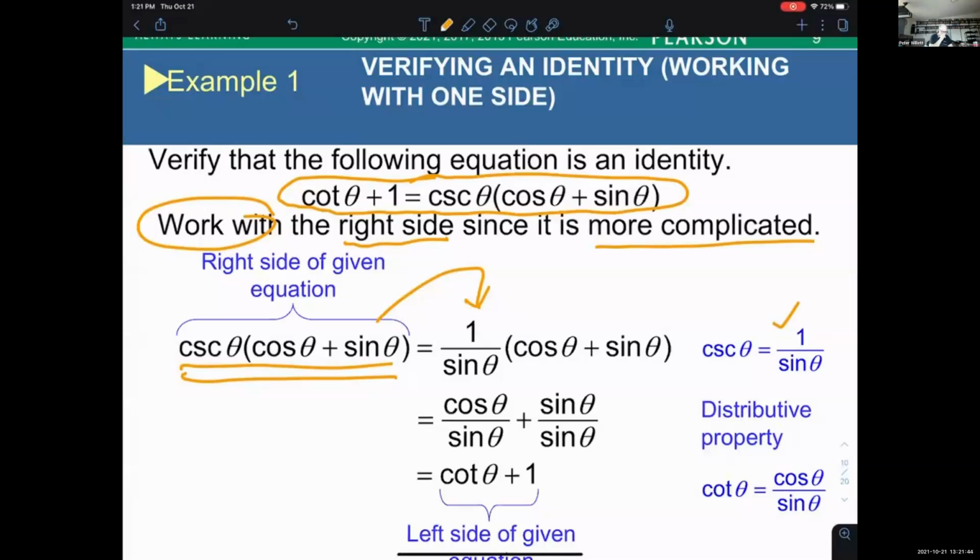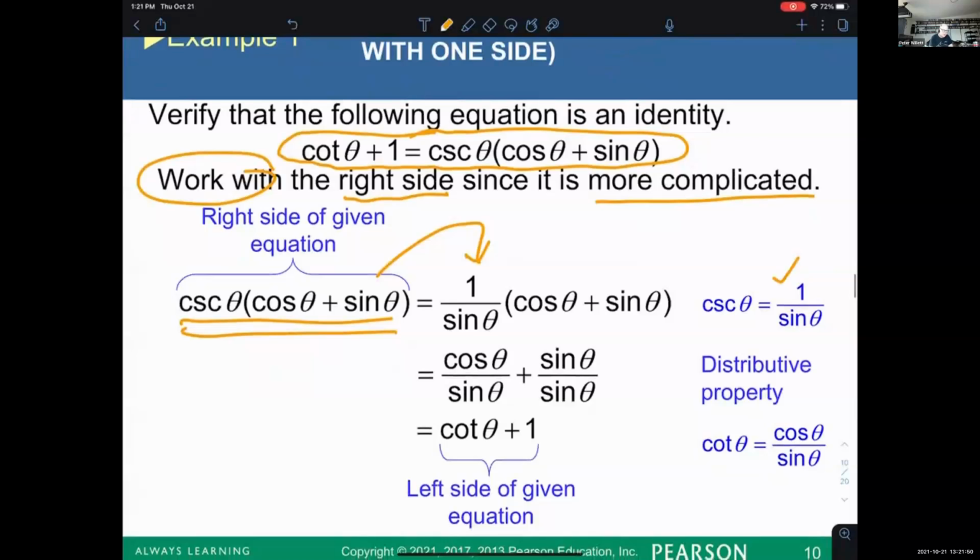They converted the function that wasn't a sine or cosine into that. And then after that, we start using algebra. They're taking this 1 over sine and distributing the multiplication across the parentheses to both of those terms. And so if you do that, you get cosine theta over sine theta plus sine theta over sine theta.